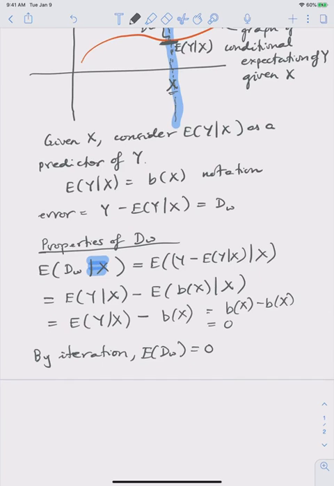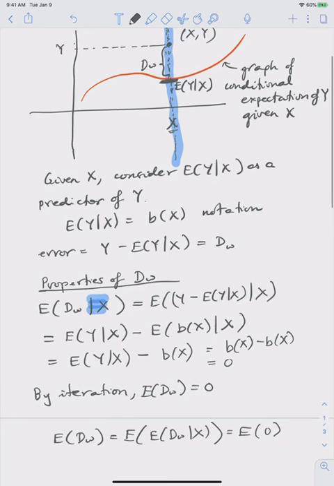So the math is this, and the picture is, when you condition on X, you are working only on the vertical strip at X. But when you don't condition, then you are working across the entire range of X. So you are looking at this deviation and this one and this one and that one, and so on.